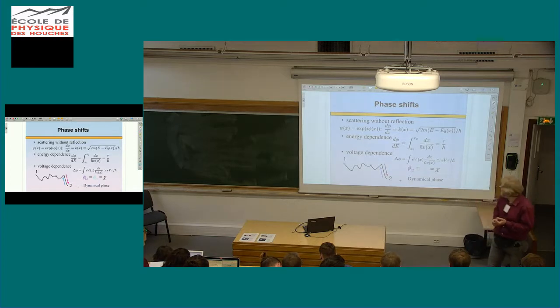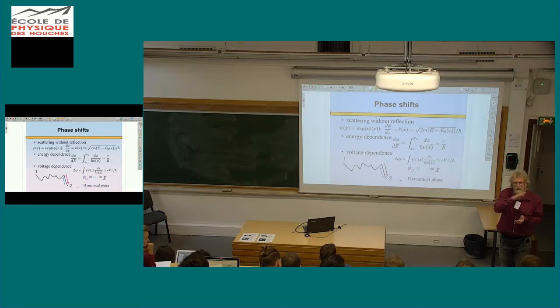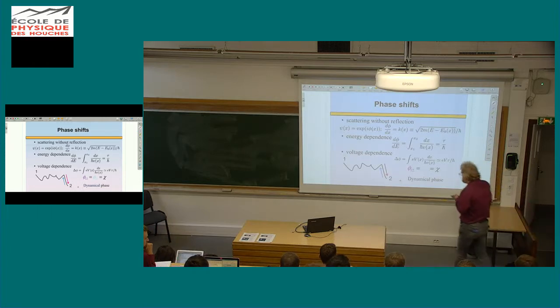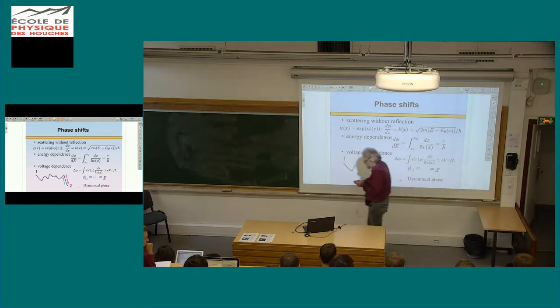That's our phase shifts due to potential. In this case, the shifts are the same for paths of opposite directions. Right? That's what I put. For reasons which are beyond my comprehension, these phases are called dynamical phases. Interestingly, there's another example of phase shifts.